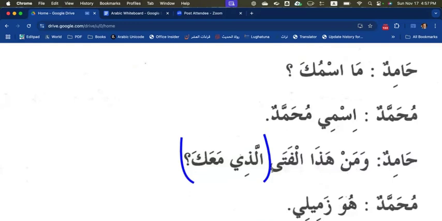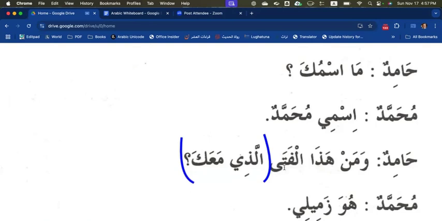Al-fata is a new word. Fata also comes in the Quran just a handful of times. Fata means a young boy, not a small boy. It could be a boy, but like a young man, from 10 to 15, that's what they say. So like Tawfiq's age.